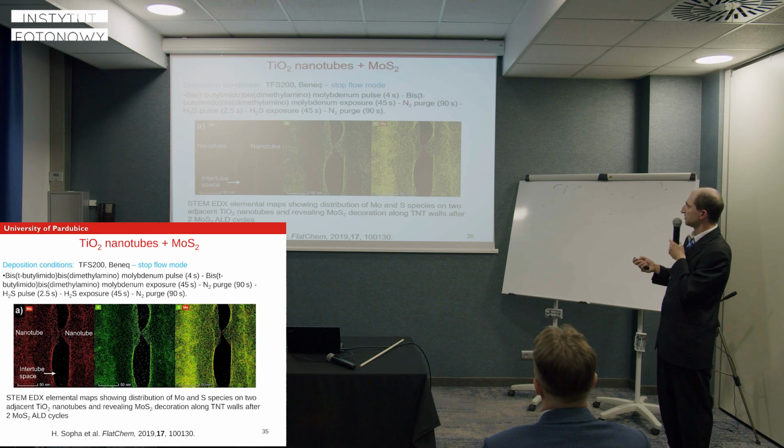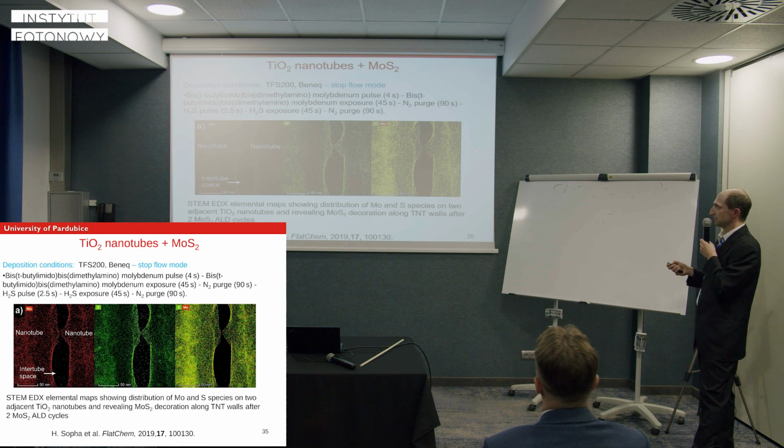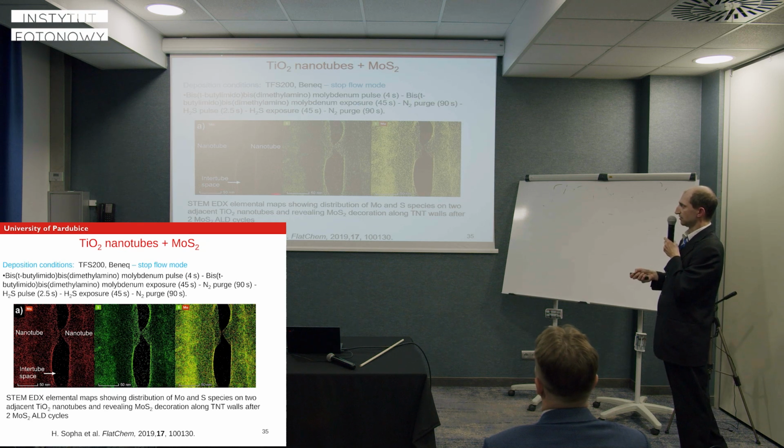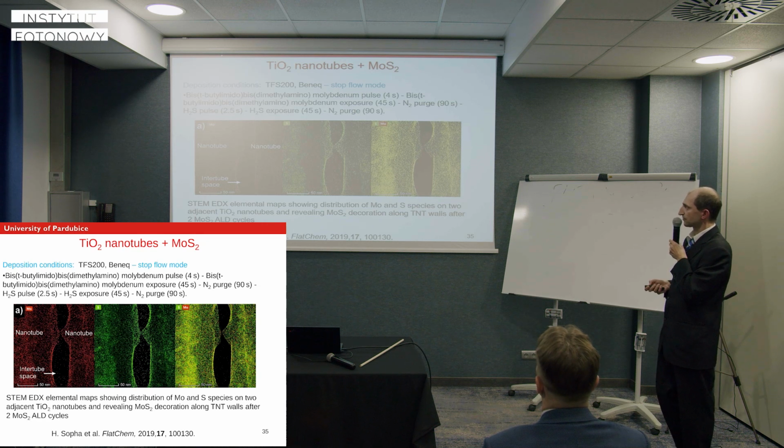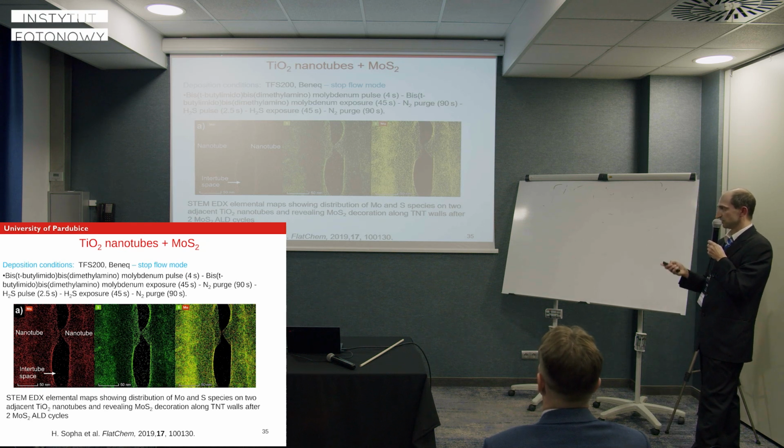And we use sulfane as a sulfur precursor. So here is an STM picture with EDX of how the molybdenum and sulfur are on top of the tubes. You can see how it's distributed, and you can see that it's homogeneously distributed. Well, this is only for 2 cycles, and I'll explain why.